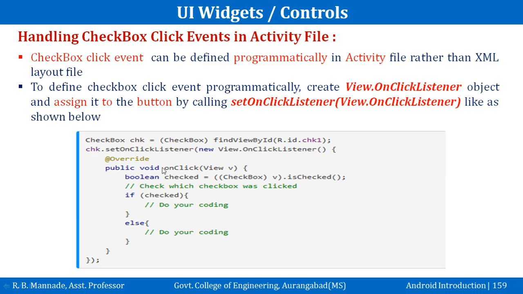In this case onClick is called the event handler function, and whatever behavior we want on that checked and unchecked action of the user, that logic can be implemented in this onClick method. Again, we will go through the details of this code in later sessions.